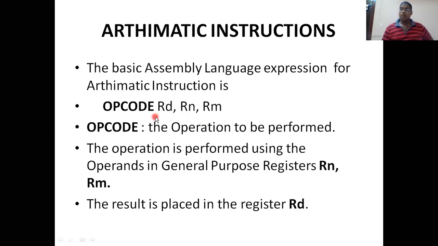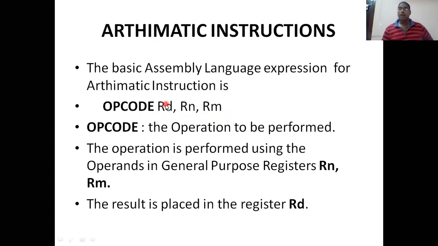One opcode and two operands. But here, as I told you at the start of the lecture, as we are discussing ARM, the instruction set is somewhat different. It is somewhat advanced compared to the previous versions we learned. So here we are not having two operands, but three operands.